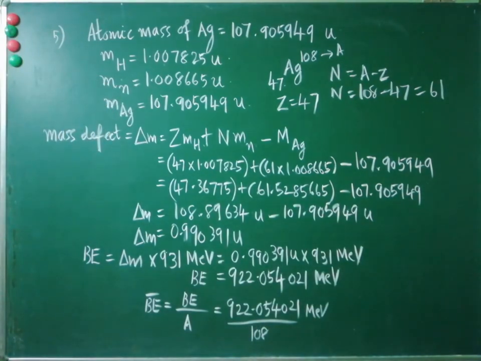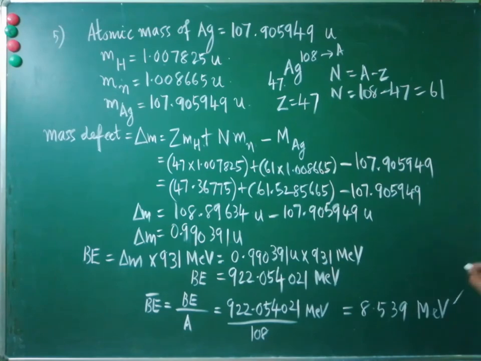After substitution, you will get the answer as 8.539 million electron volt. So this is the amount of energy contributed by each nucleon while combining to form the silver nucleus.